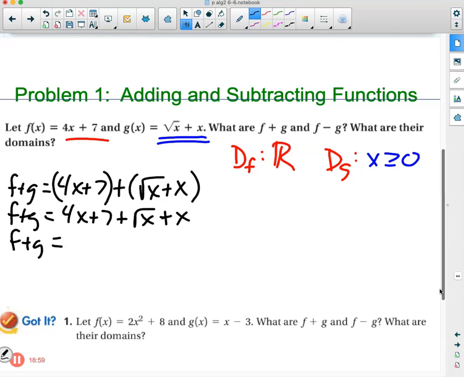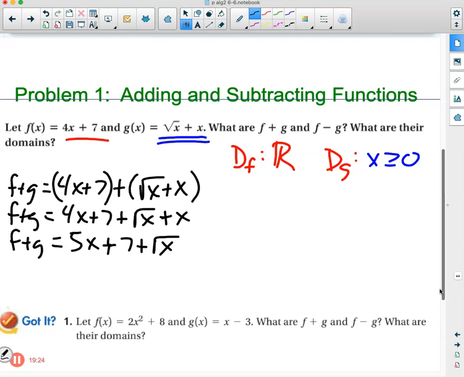What could we put together? Yeah, that's it. We can put those two together. So we'll write it as 5x plus 7 plus the square root of x. These could be in any order, you know. We just like to kind of have that square root in the back so it doesn't look too long and accidentally get the 7 under it or something.